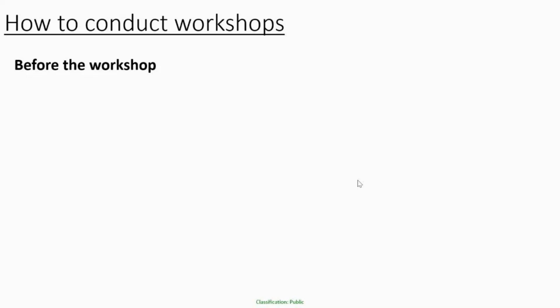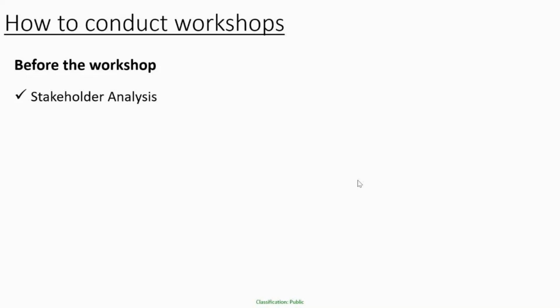Okay, so after having got this brief from the project manager, what are the things that you can do even before conducting a workshop? The very first thing is to do a proper stakeholder analysis. When you are informed that these four people or these seven people are going to be the stakeholders with whom you have to interact and derive the definition of requirements, needs, and understand the business objectives, then first of all, you need to understand which of these stakeholders are coming from which division of the client.